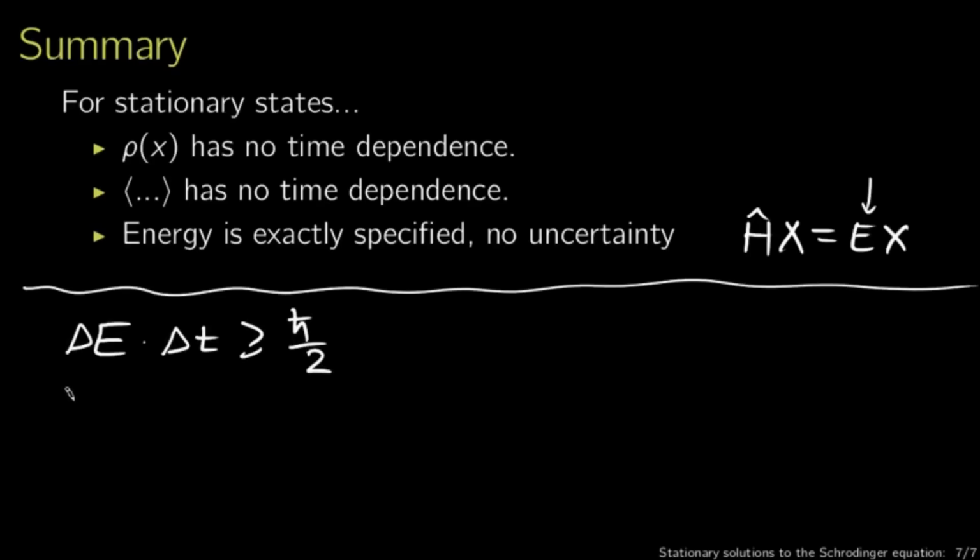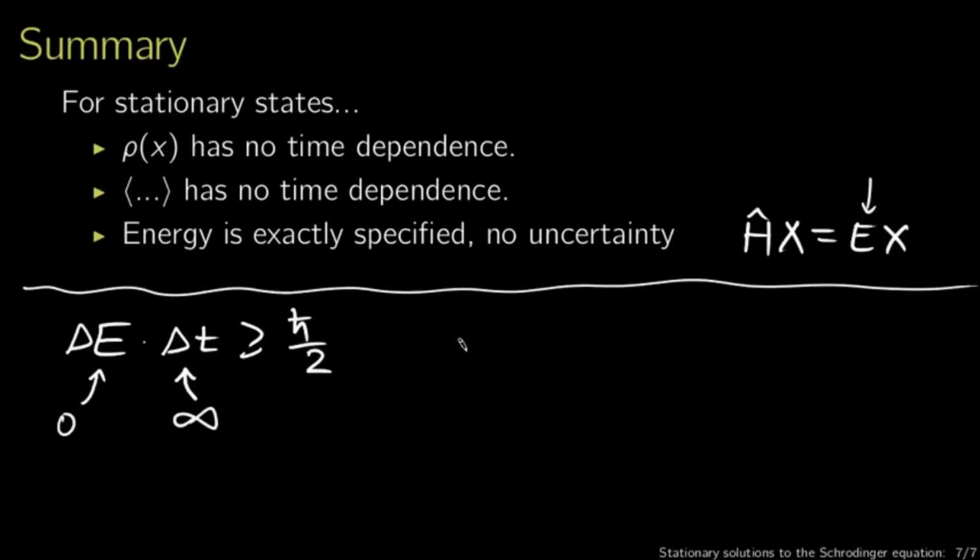Now, what does that mean if we have no energy uncertainty? Well, delta E is 0. So 0 times something has to be greater than h bar. Now, h bar is really small, but h bar is not 0, so there's mathematically some problem here. And what actually happens is that delta T has to be infinity.